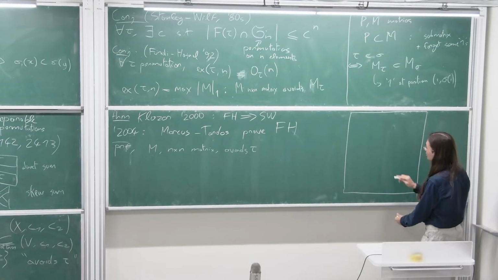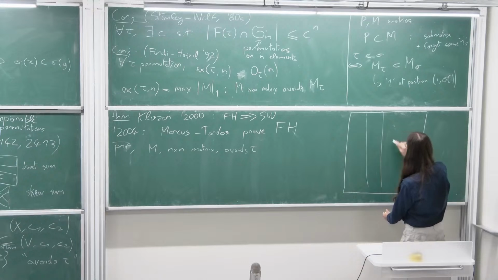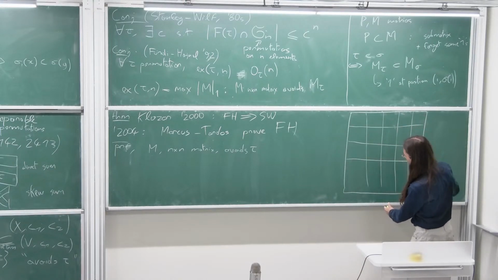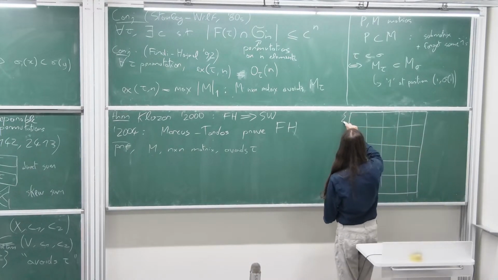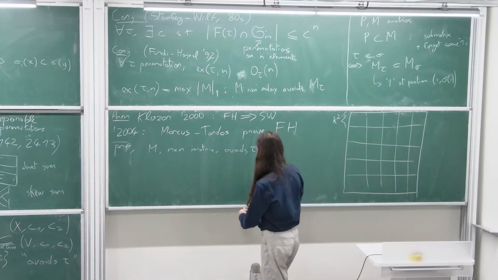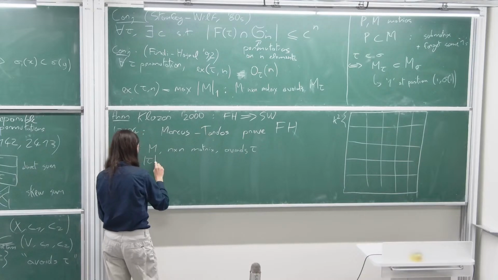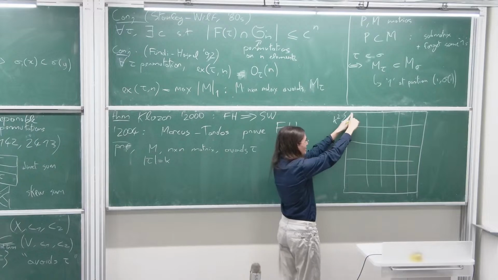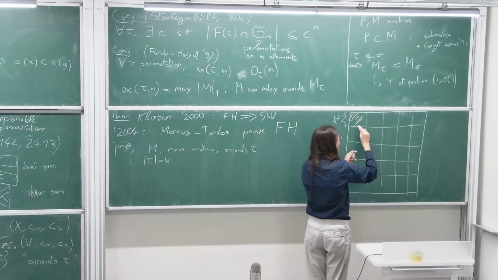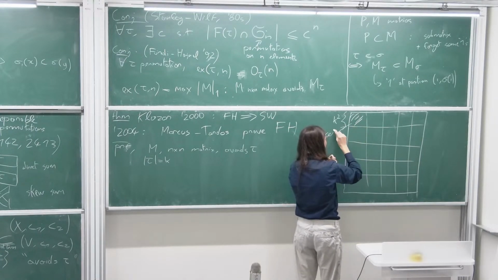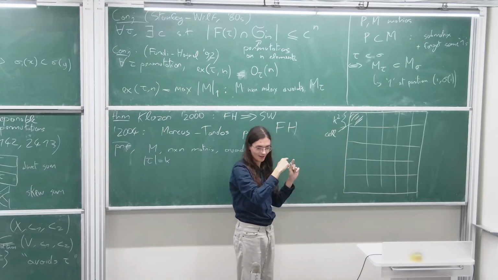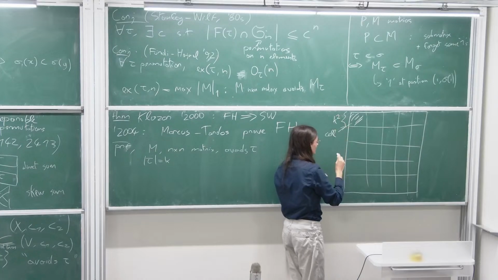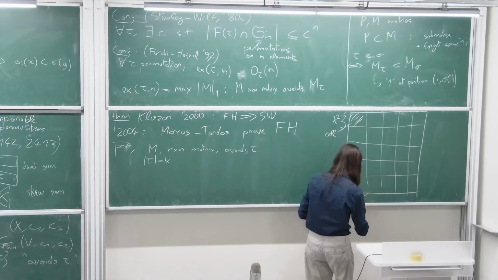Now what I'm going to do is partition it equally. These will be blocks of size k squared, where k is the size of the pattern which I wrote. So this I will call a cell. A cell is a square of k squared times k squared, and same thing vertically.